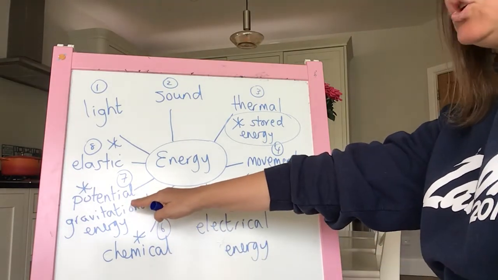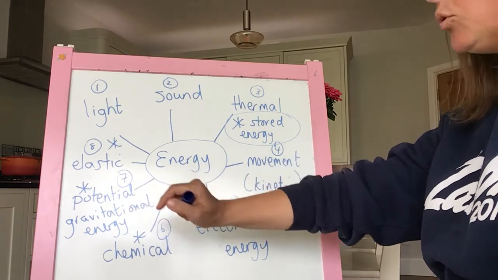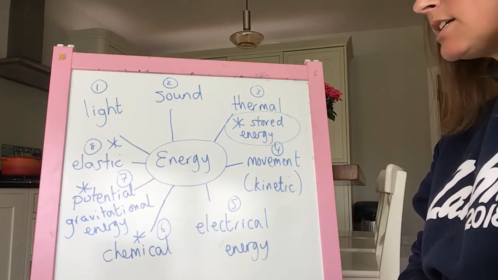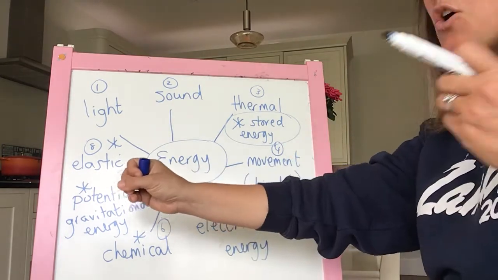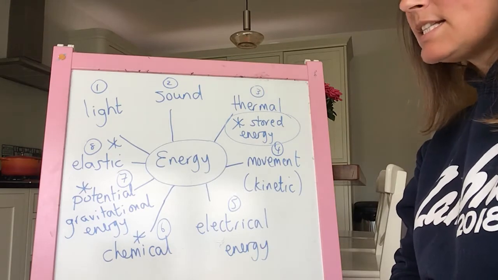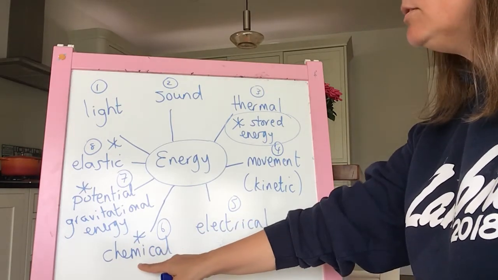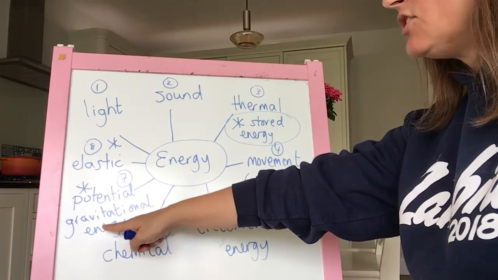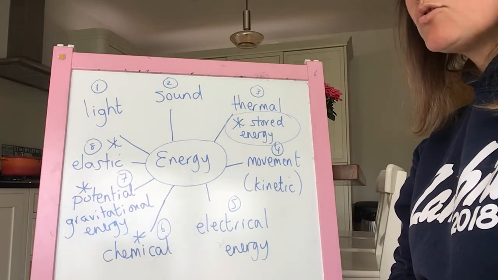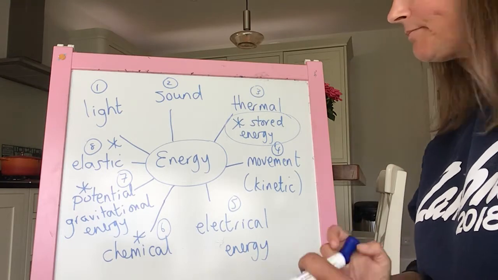Until I push a ball off a shelf and it falls, the potential gravitational energy has not been released. Until I let go of my bow and arrow, the elastic energy has not been released. So these three, chemical, potential gravitational, and elastic, are the three examples of stored energy.